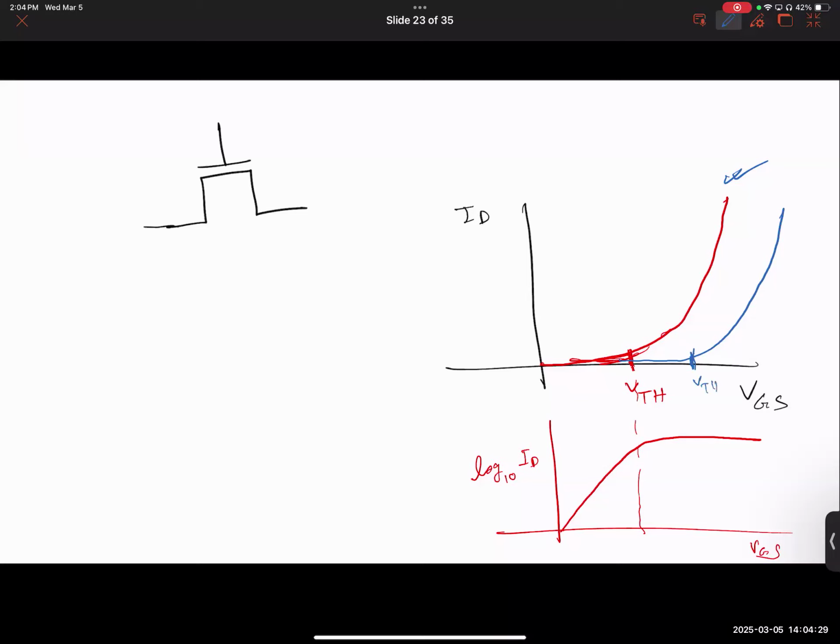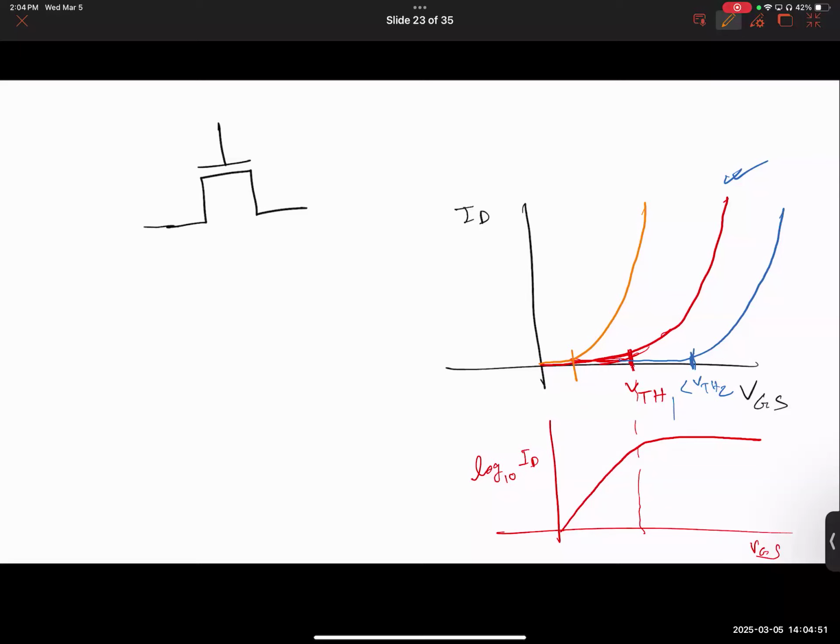This is V threshold 2, which is greater than V threshold 1. And similarly, if you reduce the threshold voltage, it moves in the other direction. So if you could somehow change the threshold voltage of a transistor, the ID-VG characteristic will shift left or right. Are you all good?